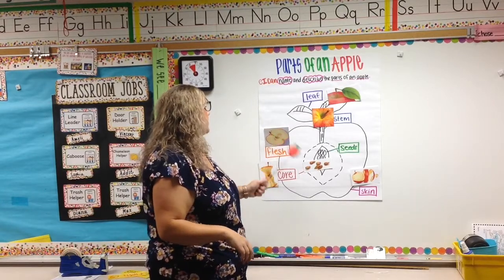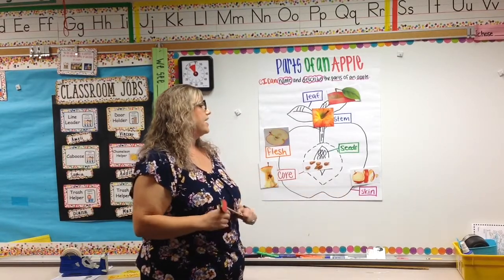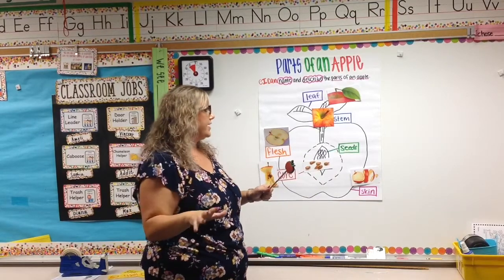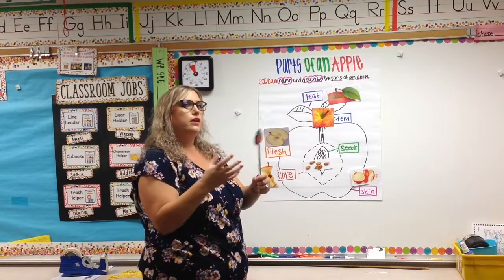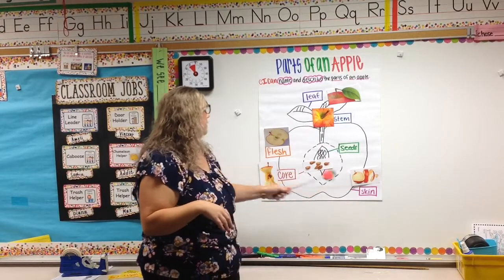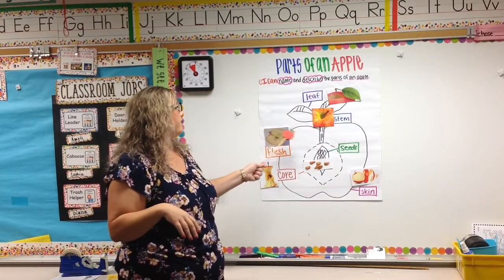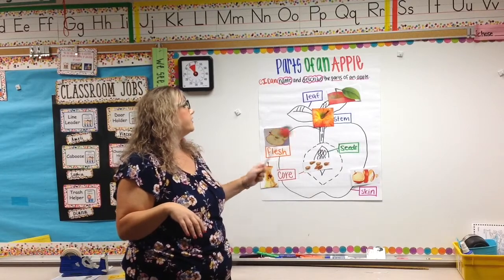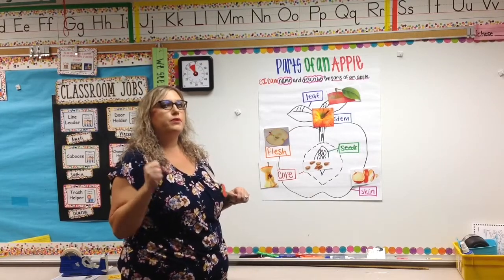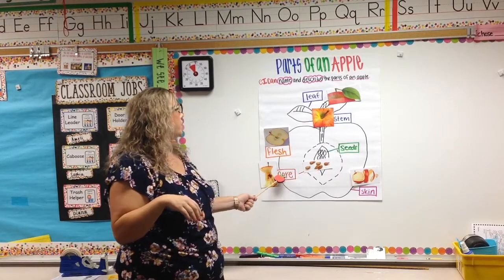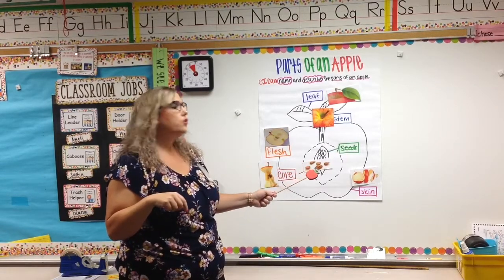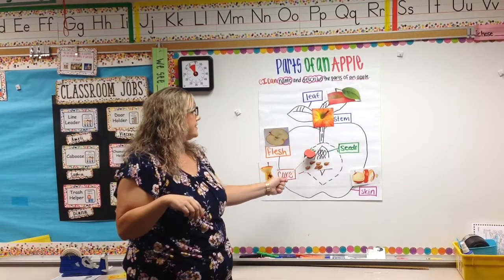We talked about the skin of the apple, that it can be green, red, or yellow typically, and that's the outer protective shell of the apple. Then we talked about the flesh. The flesh is usually yellowish in color, and it's the part of the apple that we really like to eat, nice and juicy flesh. Then we have the core of the apple, and inside the core we find the seeds.